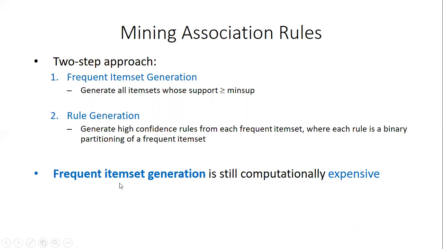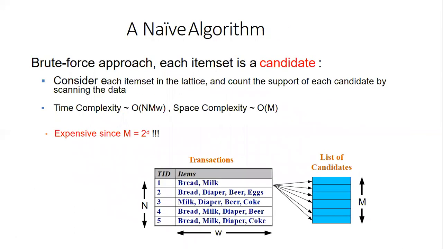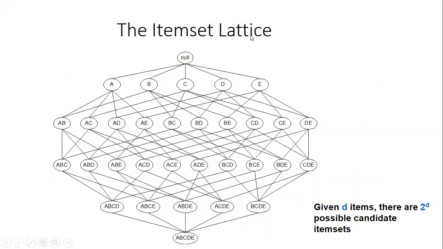As I mentioned, out of these two, the first step is more expensive. Why? Because in the brute force approach, the entire data set was scanned for every step. That was expensive because it considered every candidate, whether frequent or infrequent.